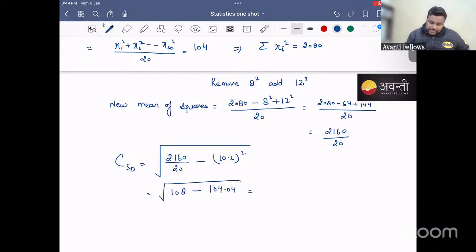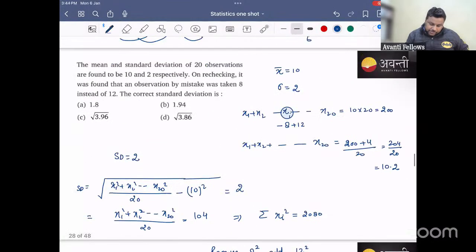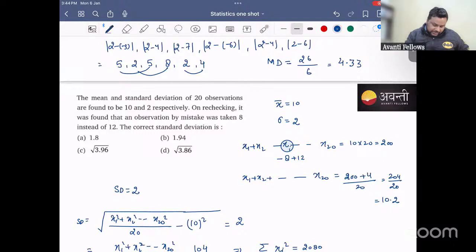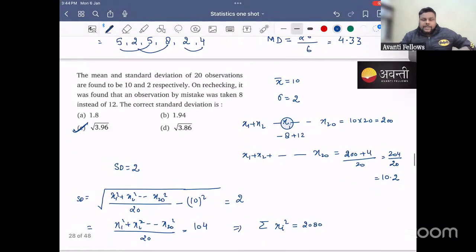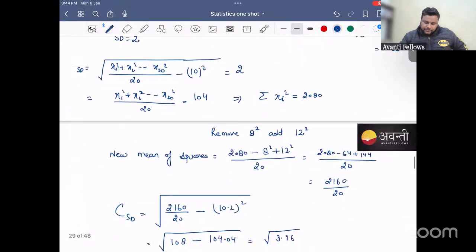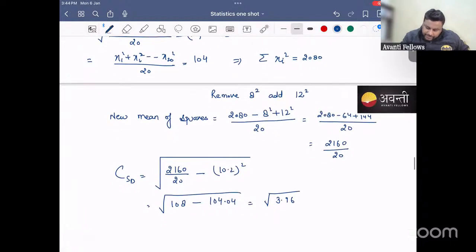Got it? That is under root of 3.96. Is there any option? Yes, under root of 3.96. This is how we do these questions. Understood, everybody? Under root of 3.96.